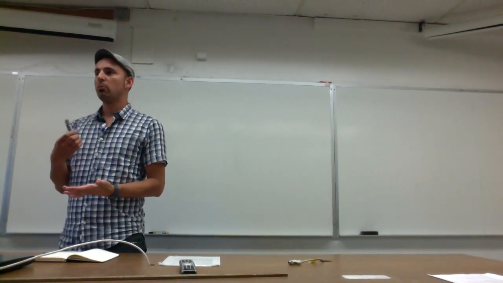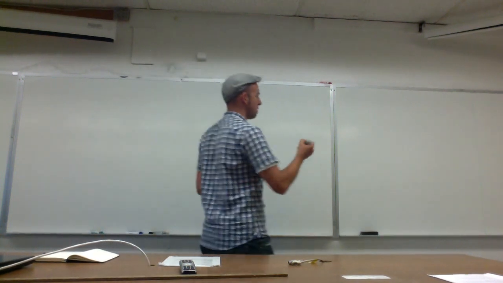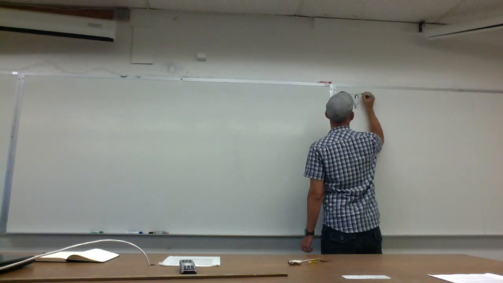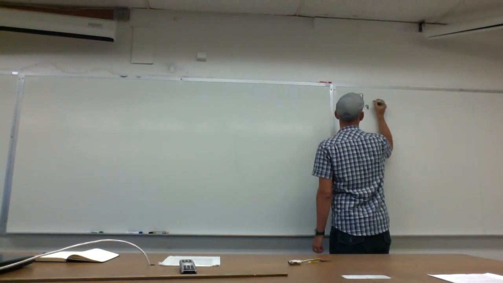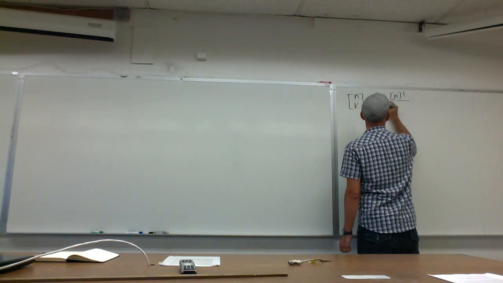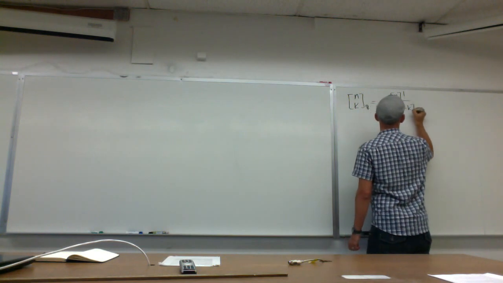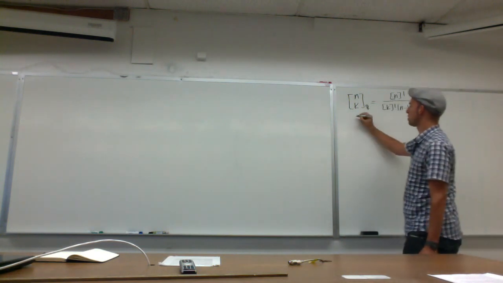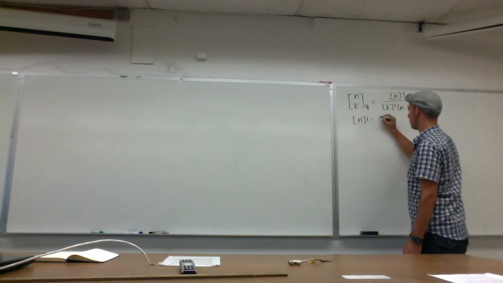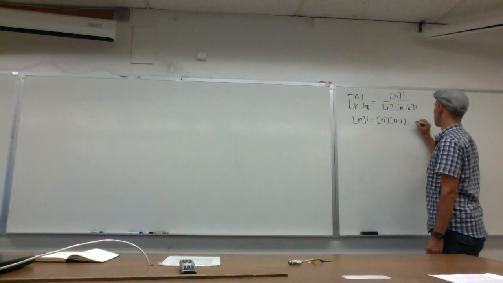Okay, so we were talking about q-binomial coefficients. I'll remind you that the q-binomial coefficient, n choose k sub q, is n factorial over k factorial times n minus k factorial, except that these are all q-factorials. So n factorial is the product of the q-analogues of the numbers from 1 up to n.